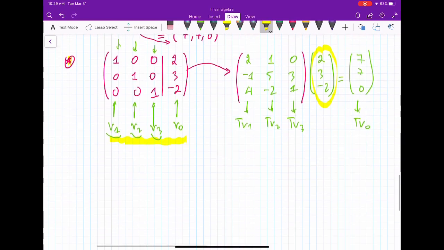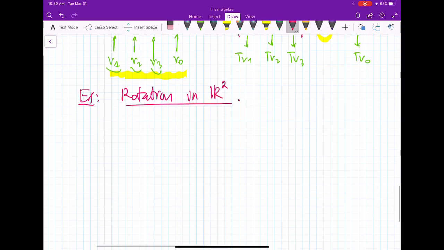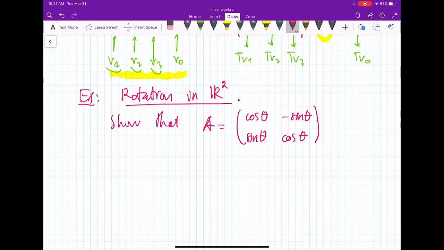All right, let's consider the following example. The first one is rotation in R2. Let's show that A, the matrix with entries cosine theta, negative sine theta, sine theta, cosine theta, has the property that it rotates every vector in R2 counterclockwise about the origin through the angle theta.